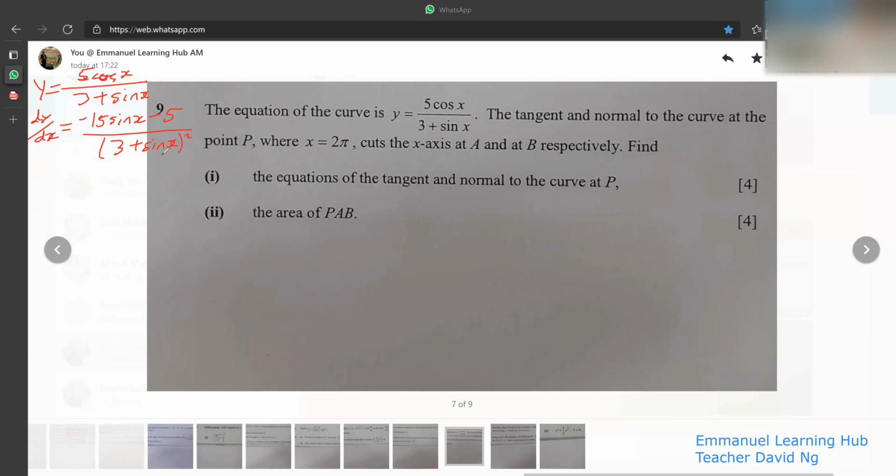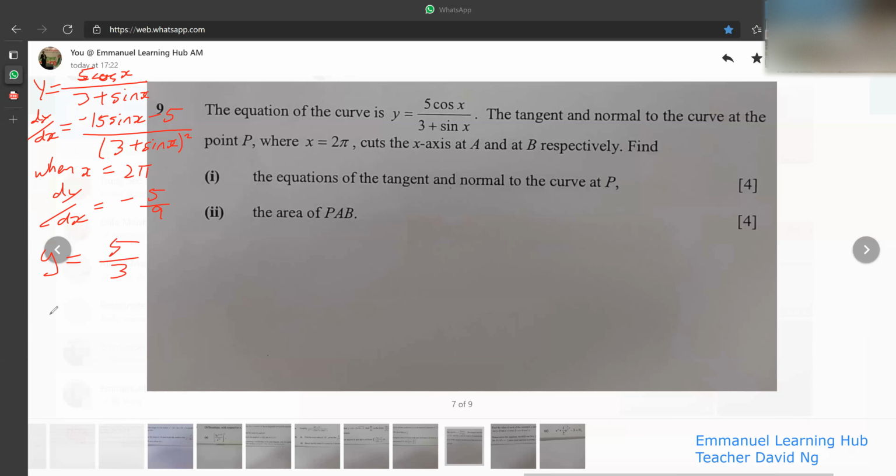You got this dy dx? Then you substitute x is 2 pi. Your dy dx is minus 5 over 9, and your y is equal to 5 over 3.